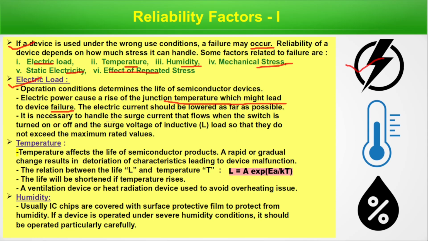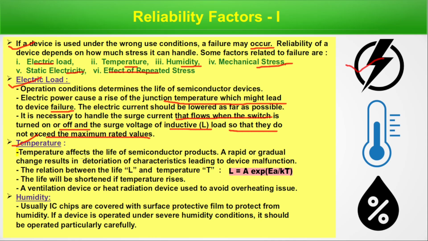So it's necessary to handle the surge current that flows when the switch is turned on or off, and surge voltage of inductive load, so that they do not exceed maximum rated values. Many times we have seen, in case of home appliances, a sudden surge of electricity in our regular electric line damages the appliances. For every device there is a rating specified. The surge current is obviously much higher than that, and that leads to failure of the device.